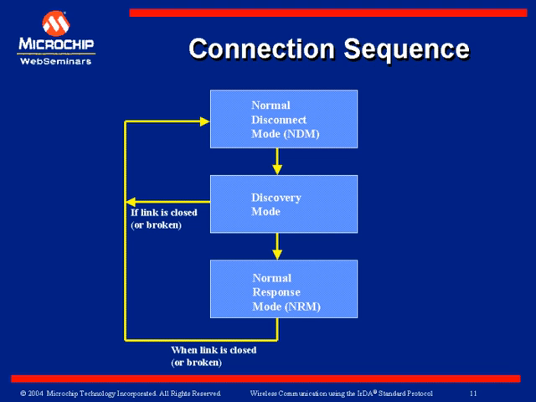The third state then is normal response mode. After the two devices have discovered each other and formed a link, they move into the normal response mode where data can be transferred back and forth. And this is also where the two devices will maintain the link to ensure that if the link is broken, they don't hang up.